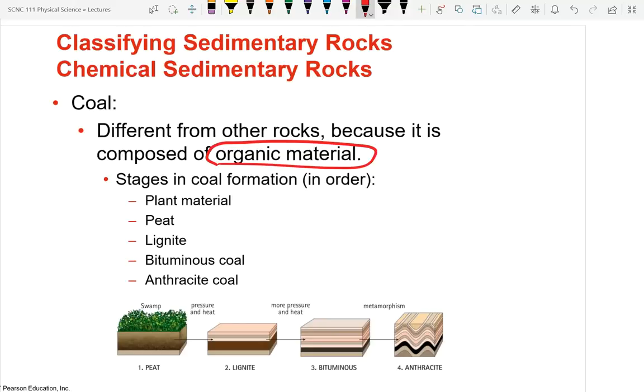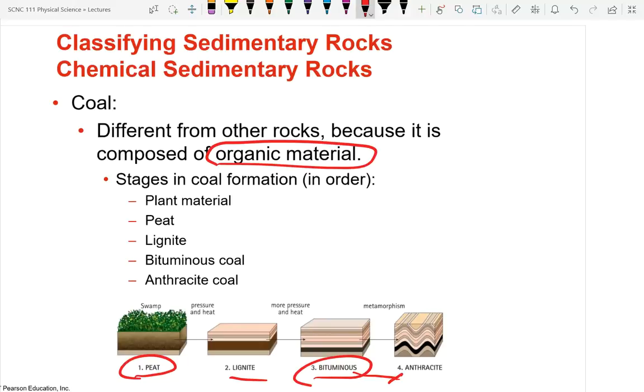And under the pressure and heat, the chemicals undergo reactions to create, you see the terms here, go from peat to lignite to bituminous to anthracite. But these are coal things that are pulled out of the ground for people to burn.